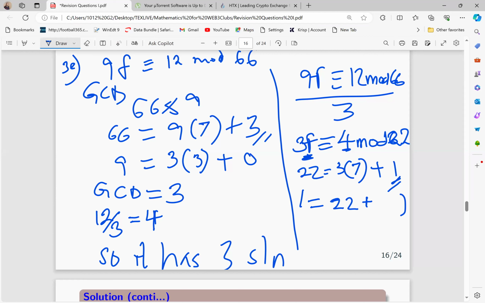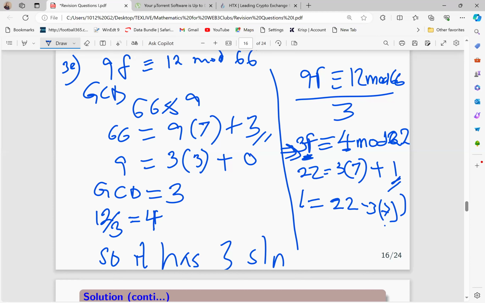But now when you're here, when you cross the equal sign, this one becomes -3 multiplied by 7. So from this equation, what we are saying is the number that when multiplied by 7 gives you 1 is -3.